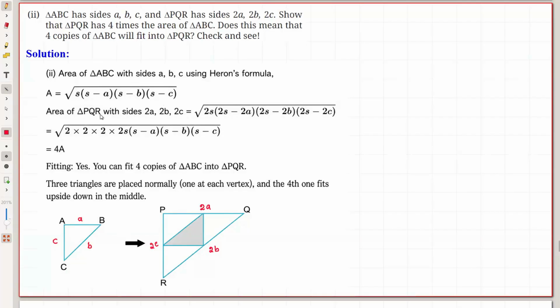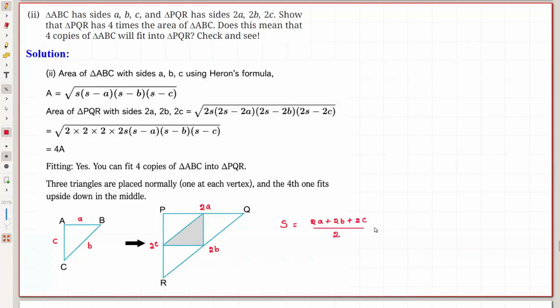Now, for the triangle with sides 2A, 2B, 2C, how will you find the S value? The semi-perimeter means you add all the sides and divide by 2. So 2A plus 2B plus 2C, divided by 2.